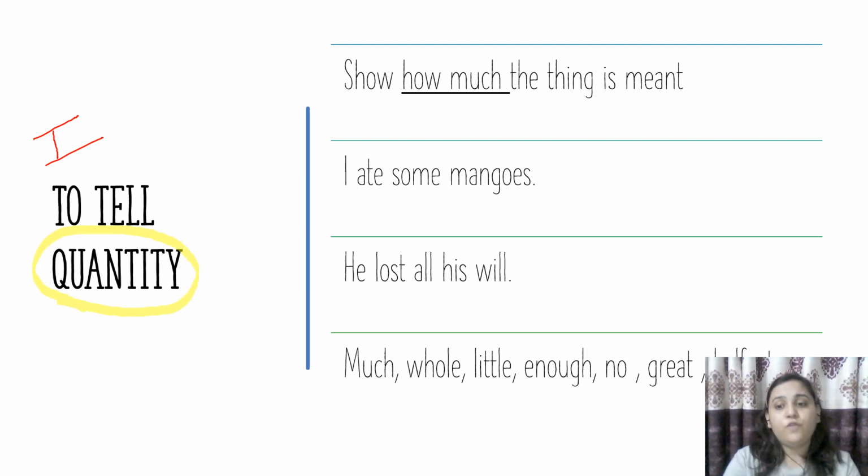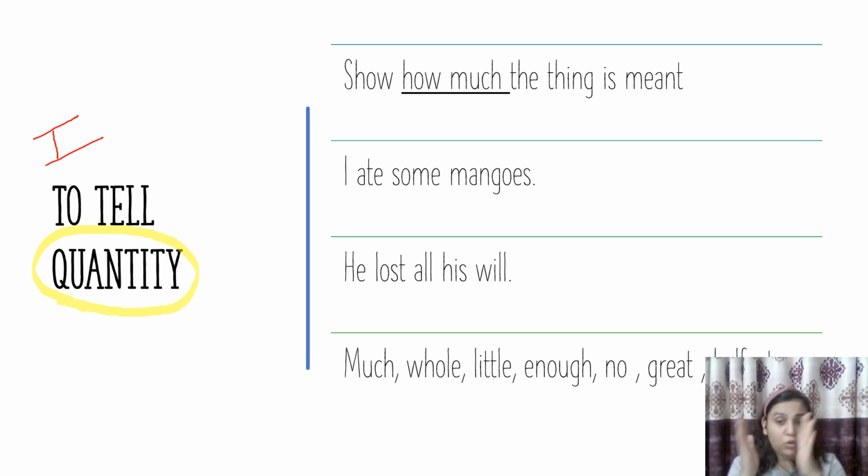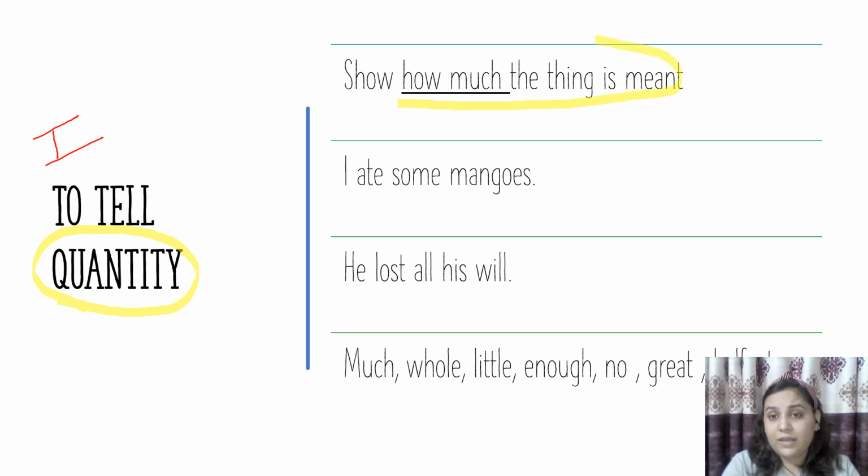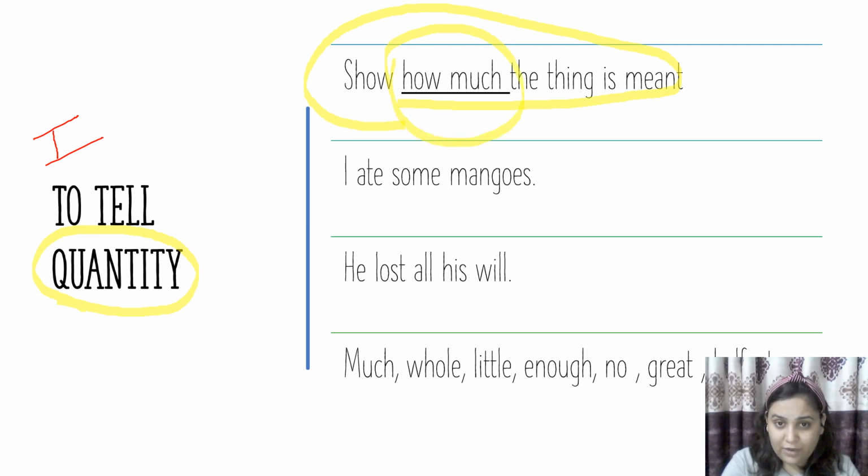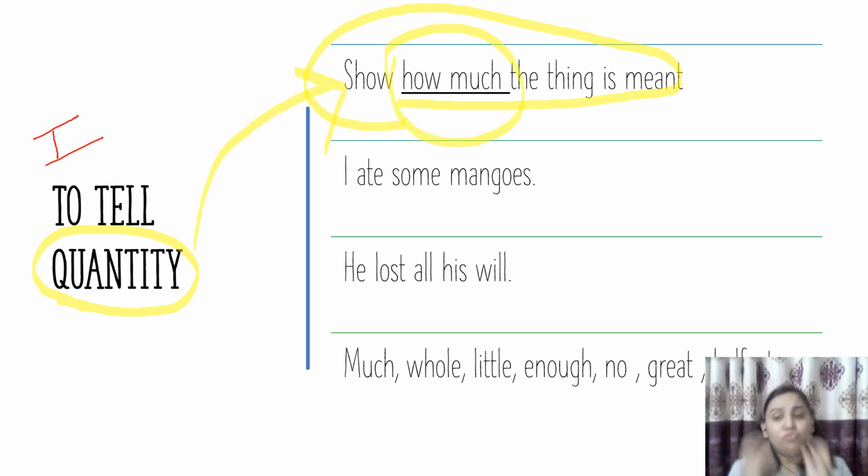First of all, we have to understand what this word means. Quantity means how much the thing is. I have underlined this how much question here. So we will link this question to quantity.